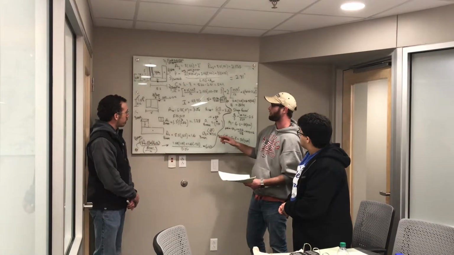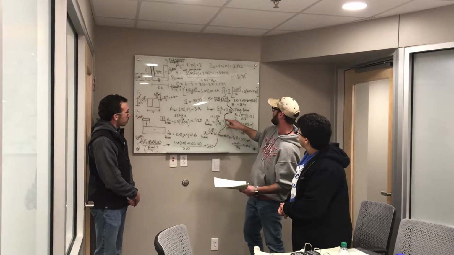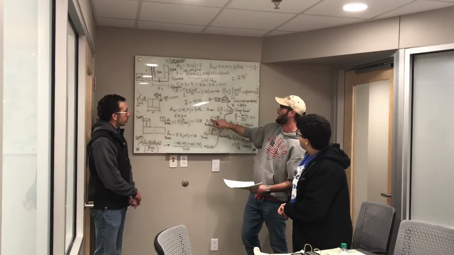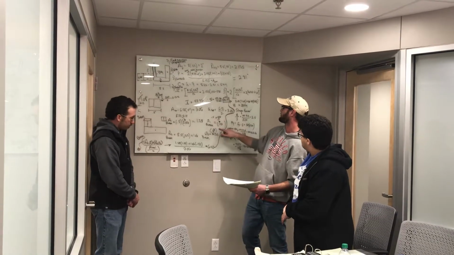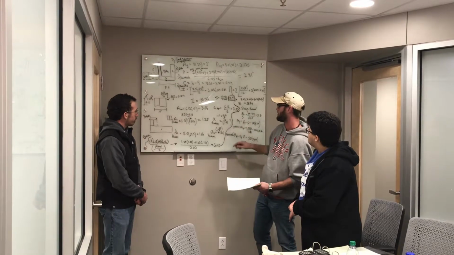Then we moved on to finding our little a of the bottom section, where we took our height and divided that by 2, and then added the height of our bottom section to get little a of the bottom section, which was 1.53.